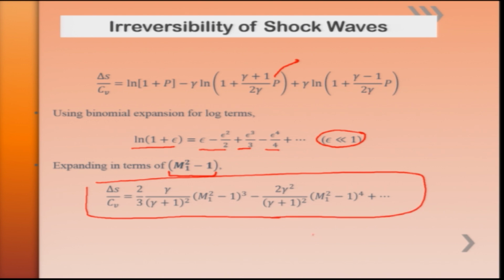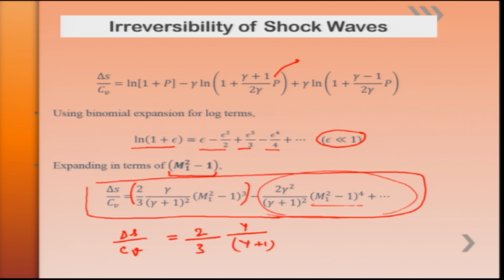Now, if M1 minus 1 is very small, then we can definitely ignore the higher order terms. Thus in this condition, considering only one term, for low or moderate Mach number, delta S by Cv can be written as 2 by 3, again a constant, times gamma upon gamma plus 1 squared, again a constant, times M1 square minus 1 to the power 3.